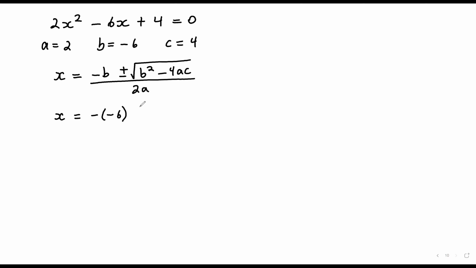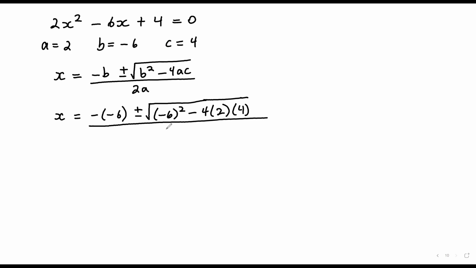So it'll be minus negative 6 plus or minus the root of b squared, which will be negative 6 squared, minus 4 times a, a is 2 and c is 4, all over 2 times a, which in this case is 2.